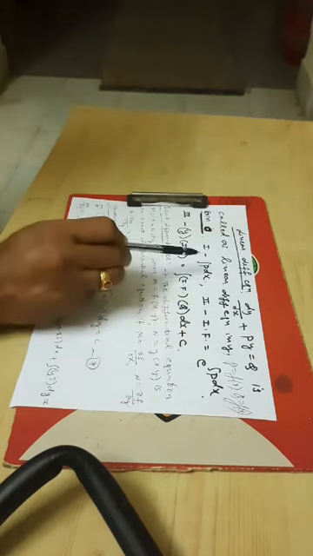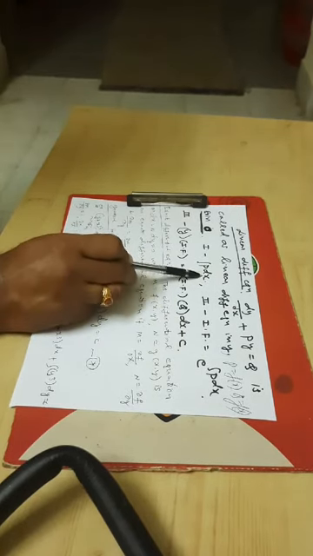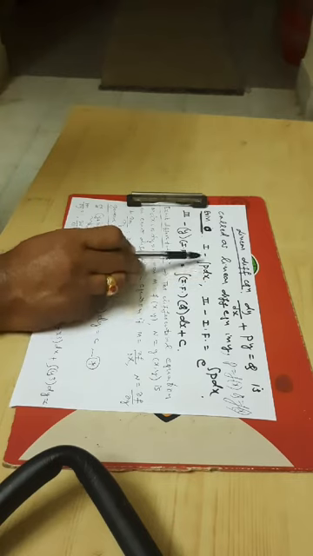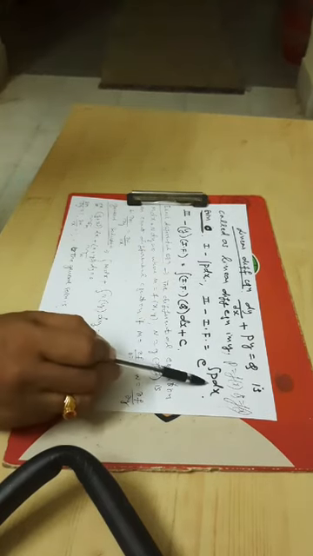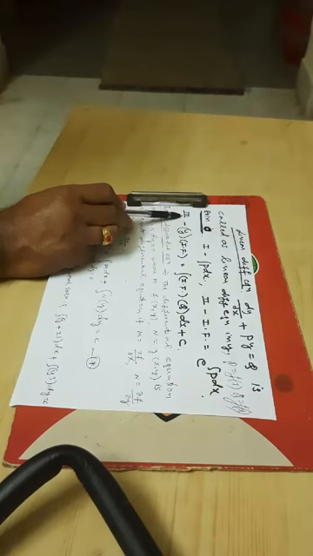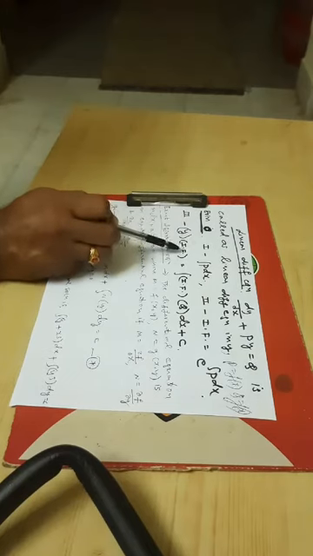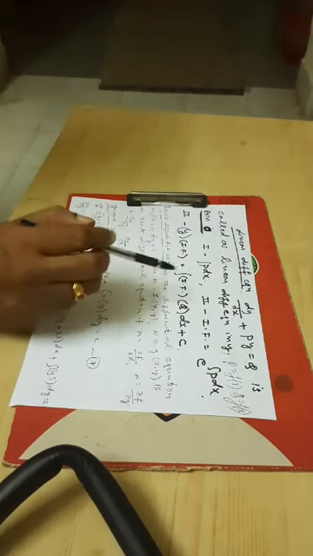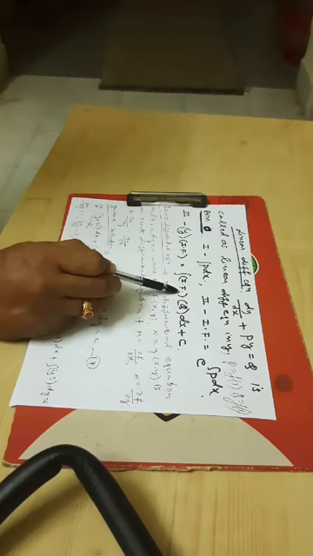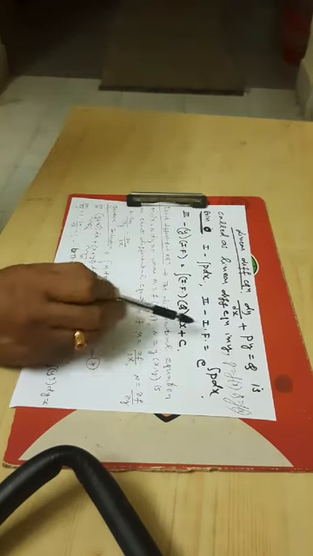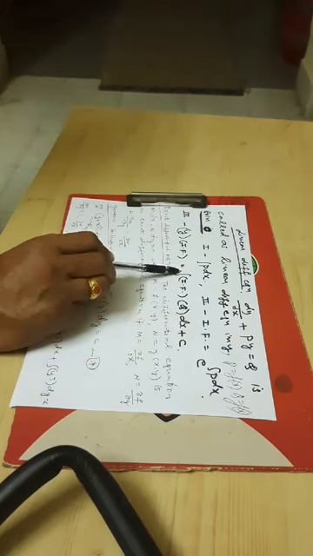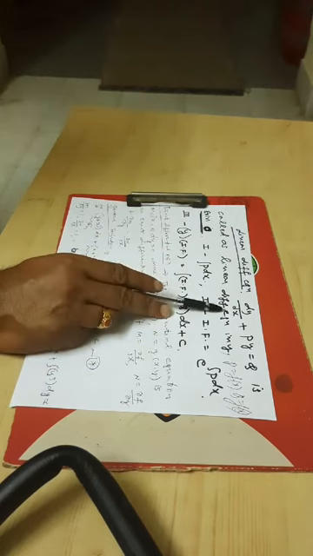Now substitute here: y into the integrating factor is equal to the integral of integrating factor into q dx plus c. This is how we get the solution for the linear differential equation.